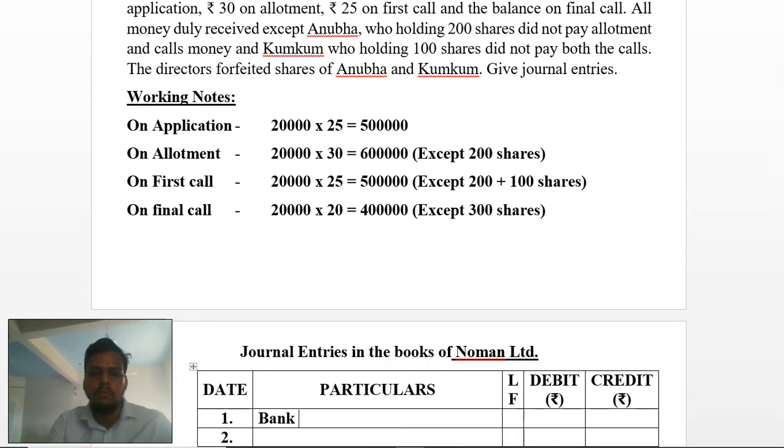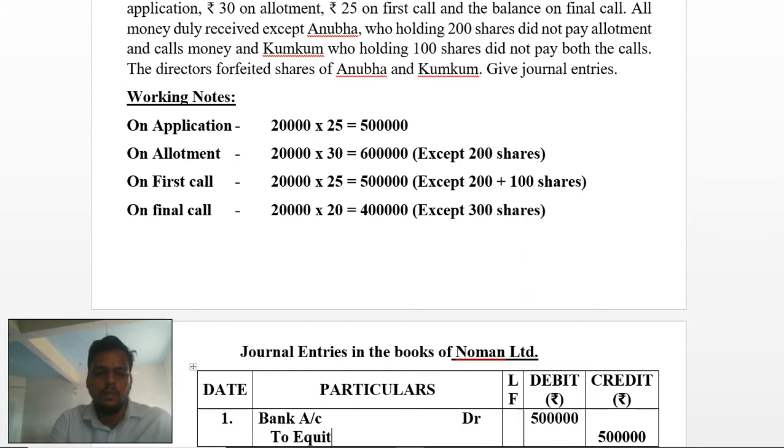So bank account debit 5 lakh rupees to equity share capital account.